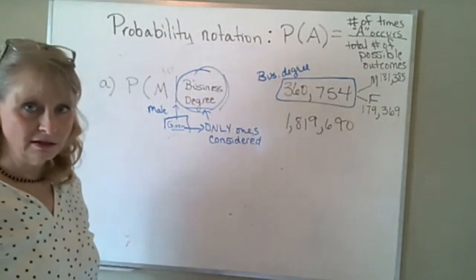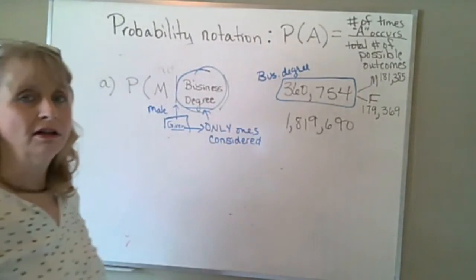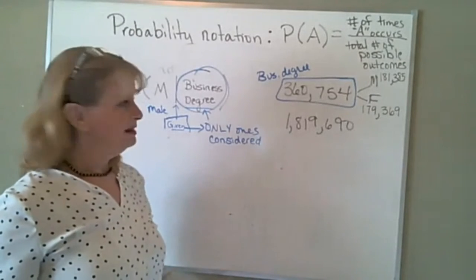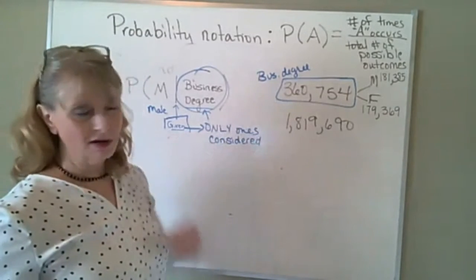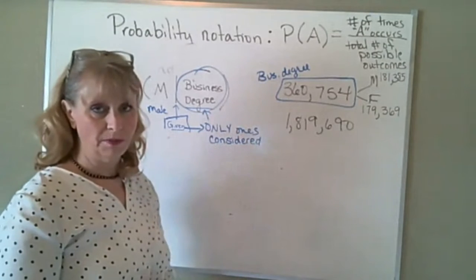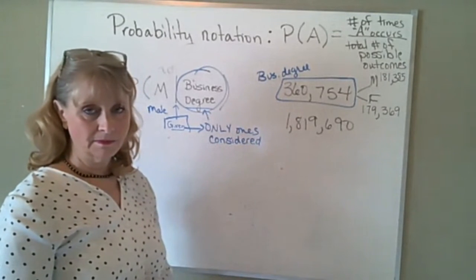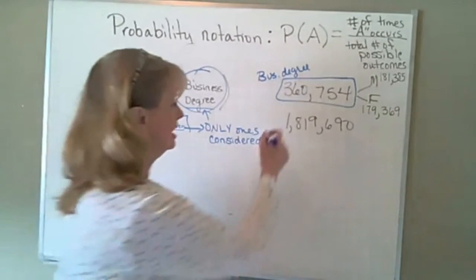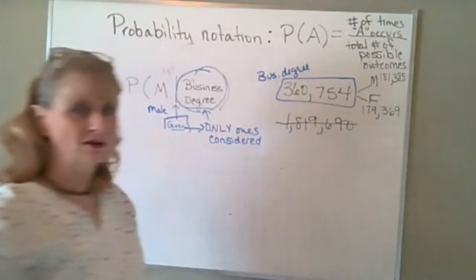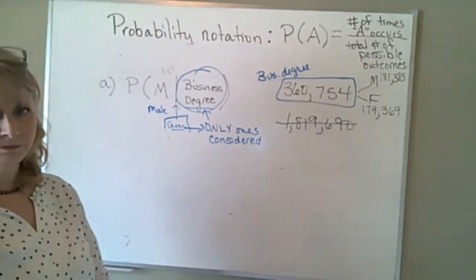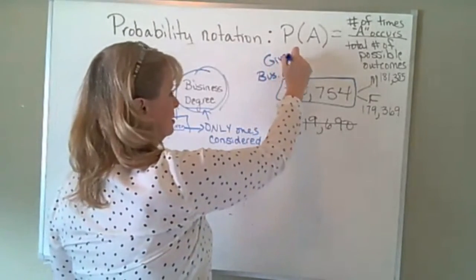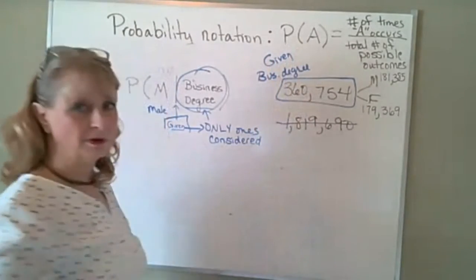It already happened. We already know that this randomly selected person got a business degree. That means we know it's one of those 360,754 people. We already know that, so we don't even have to consider the rest. So it narrowed our sample space. We don't need to consider that total because this was given. This becomes the new bottom number.